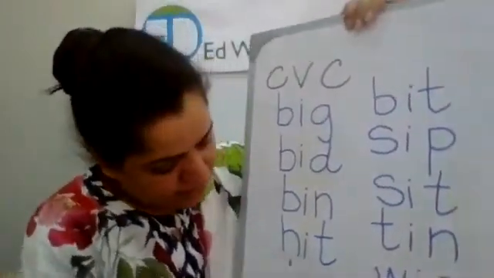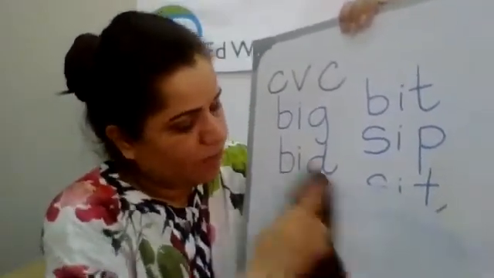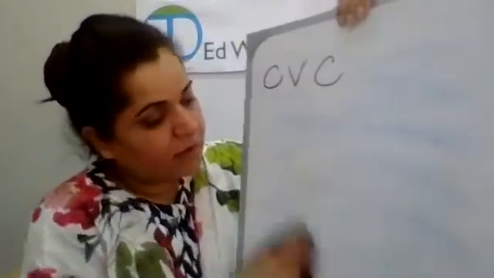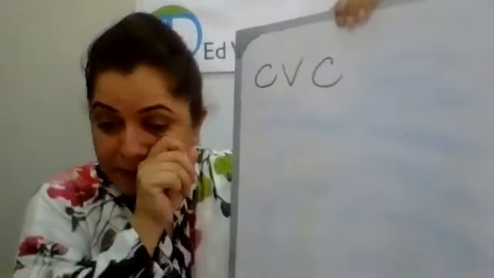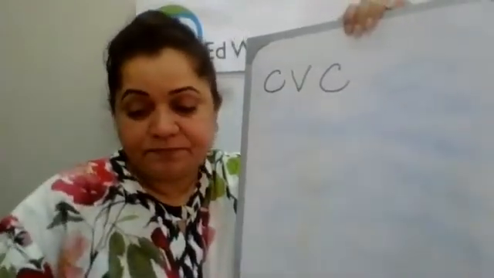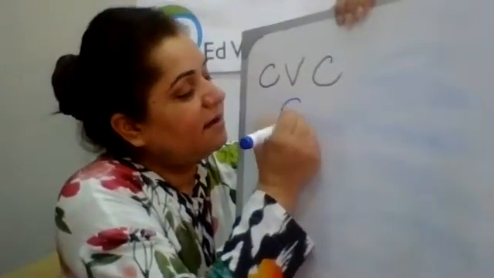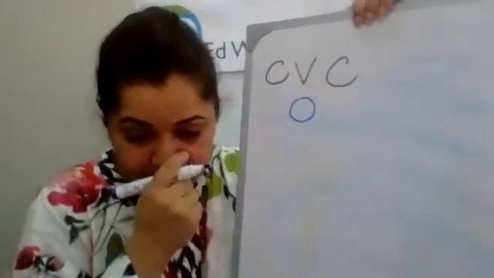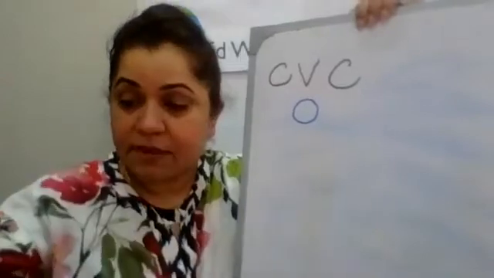Super great. So we made the words with the help of the vowel I and the consonants. Now we are going to make more words. This time we are going to use the fourth vowel, and that is O. O, O, O. Now you're going to tell me.